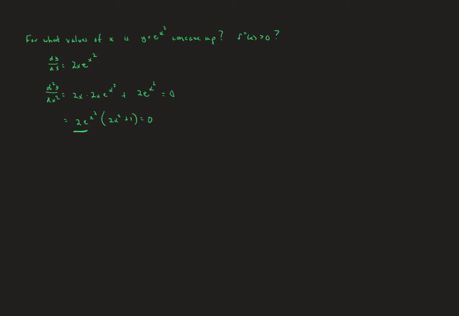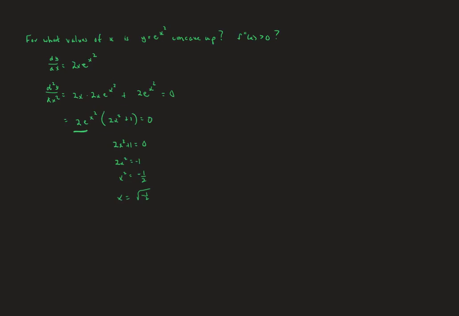So the only place where this can be 0 is where 2x squared plus 1 is equal to 0. But that means we're going to end up trying to take the square root of a negative, which we know doesn't work. So there is no place that the second derivative is equal to 0.